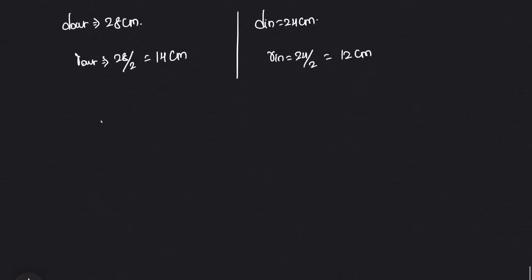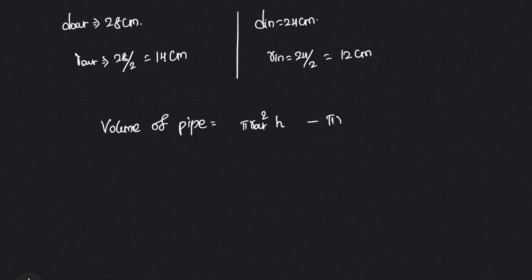So the volume of the pipe is pi r outer square h minus pi r inner square h.